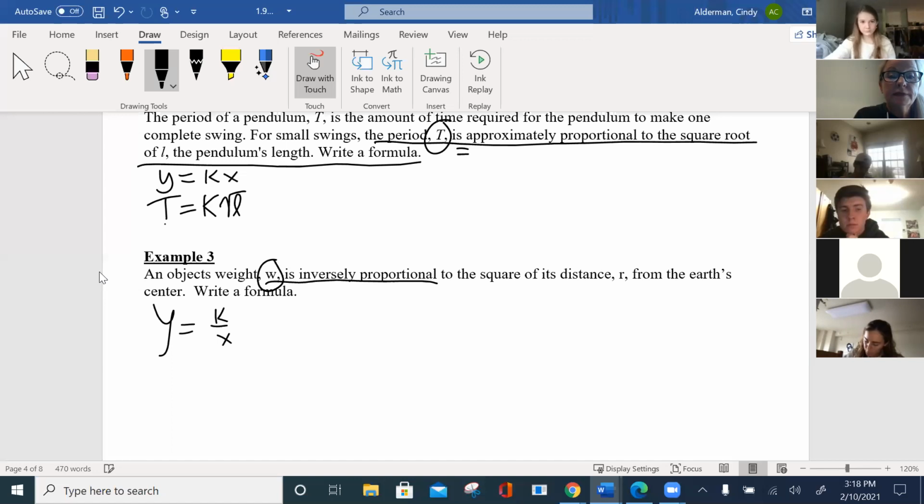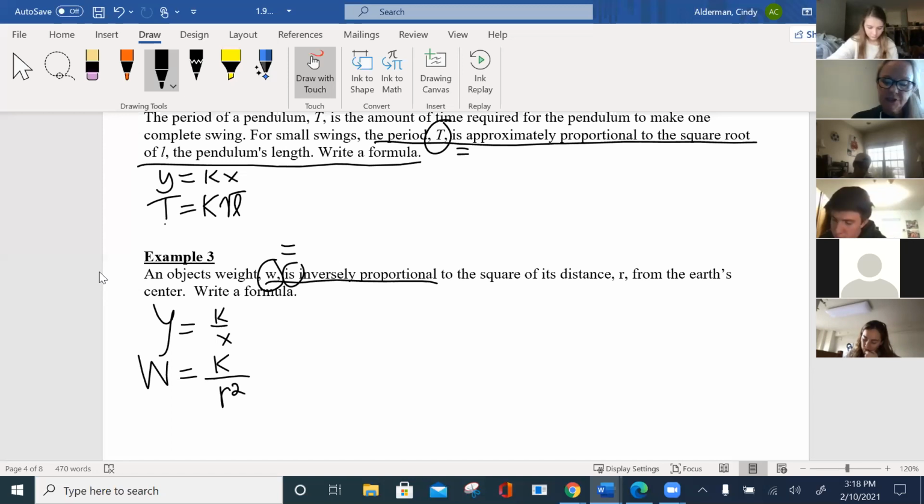So we know w equals, is inversely proportional, right? So the k is on top, to the square of its distance, r. To the square of r would be r squared.